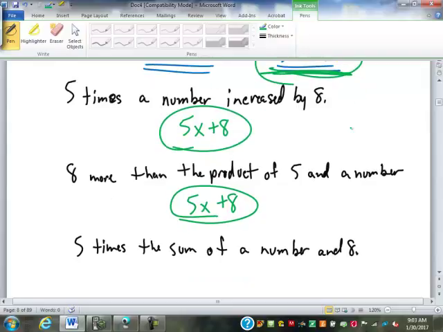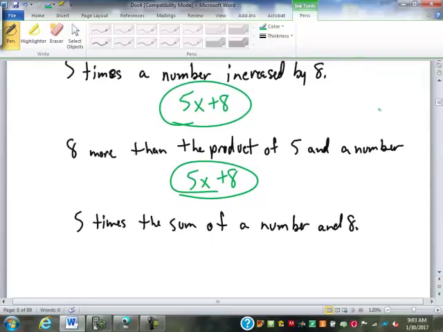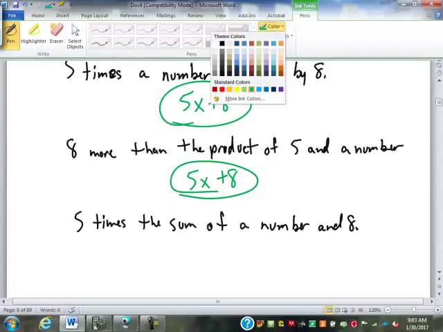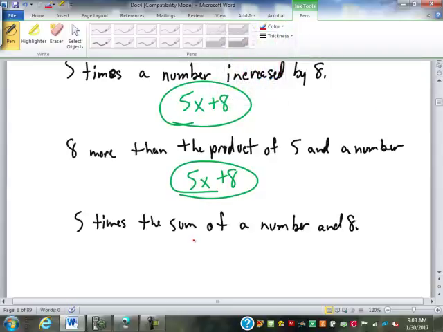5 times the sum of a number and 8. Notice here, this is 5 times a number, the product of 5 and a number. In all those previous examples, 5 is multiplying the number. Here, however, it says 5 times the sum.